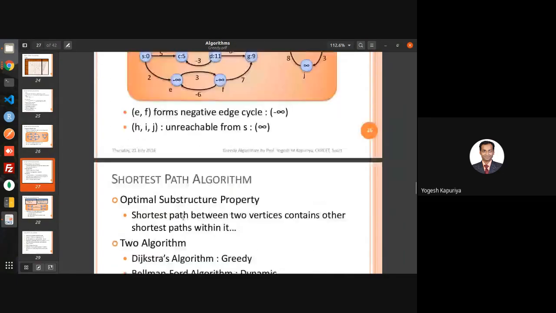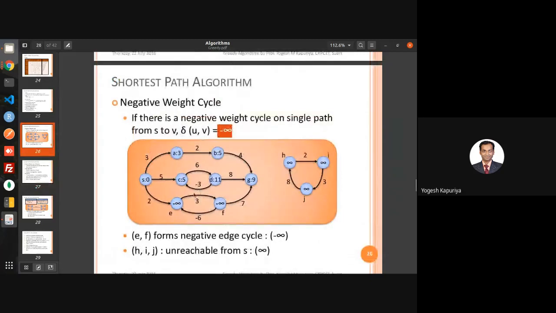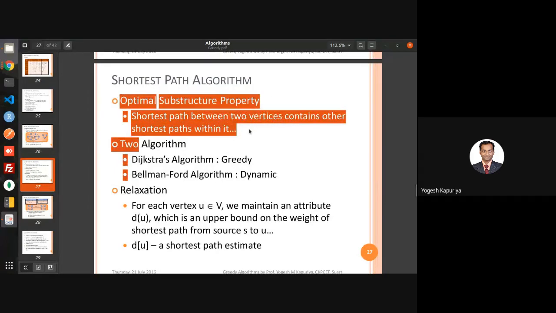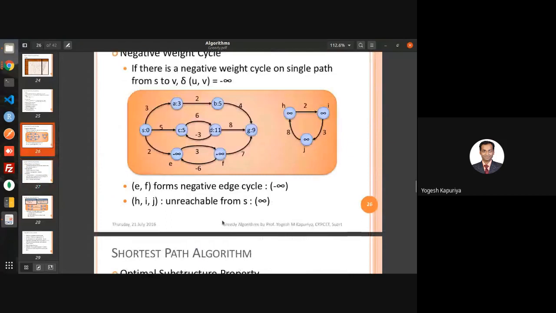Because Dijkstra's algorithm will not work if there is a negative weight cycle, right? Why can the shortest path problem be solved using greedy? Because it has the optimal substructure property. Optimal substructure property means that, let us say you want to find a shortest path between S to G. Then we can divide it into sub problems, and there can be a number of different sub problems, but let us say we have these.